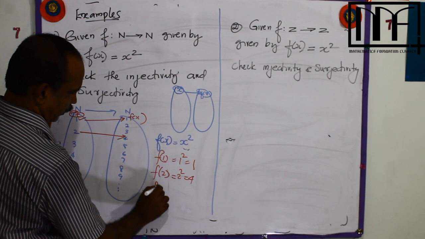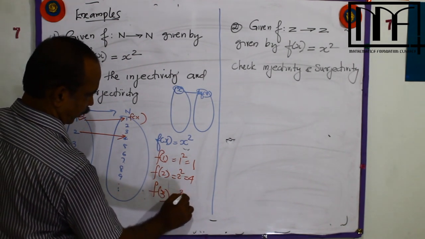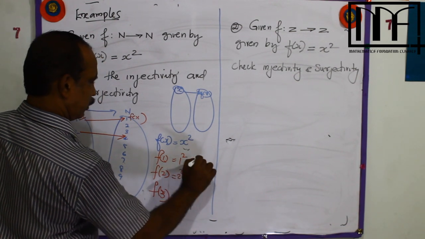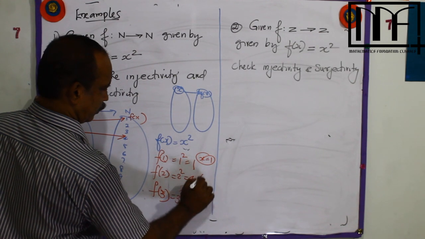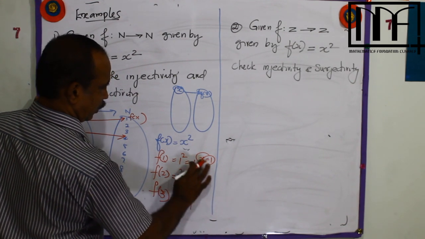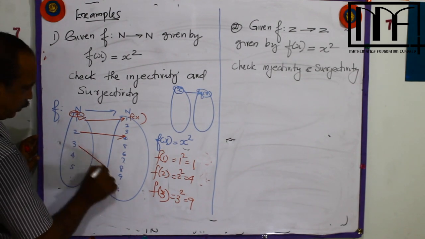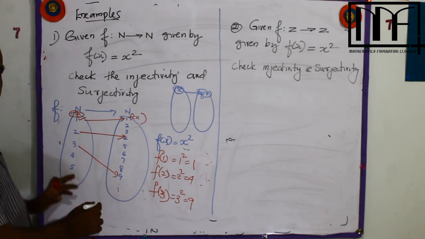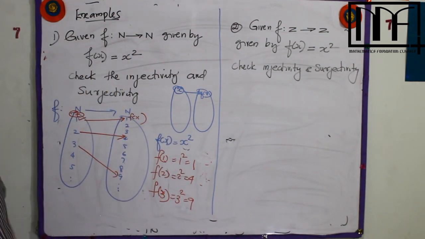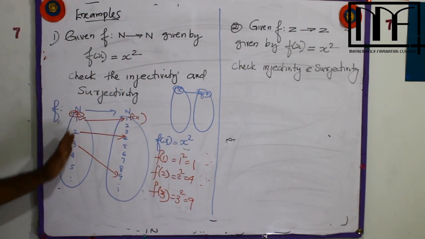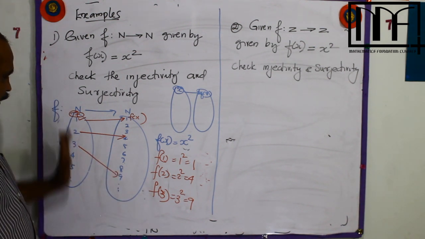And f of 3 equals 3 square equals 9. So here 3 to 9, and for 4 definitely it will be 16, 5 will be 25. In the set, all the elements will have images because of 4 square, 5 square, so from natural numbers we can find them.